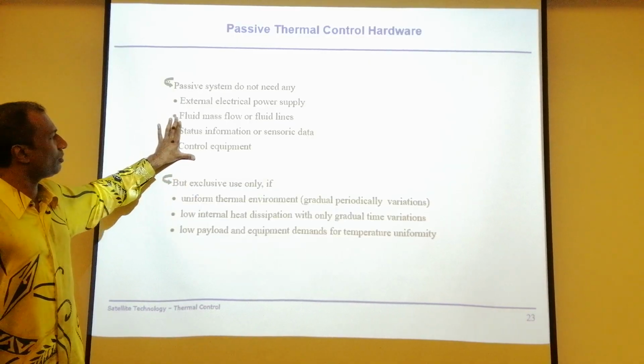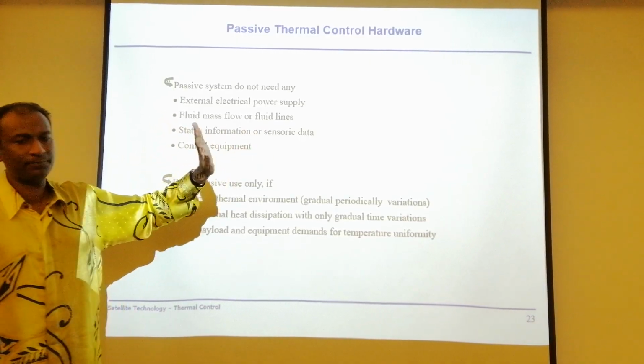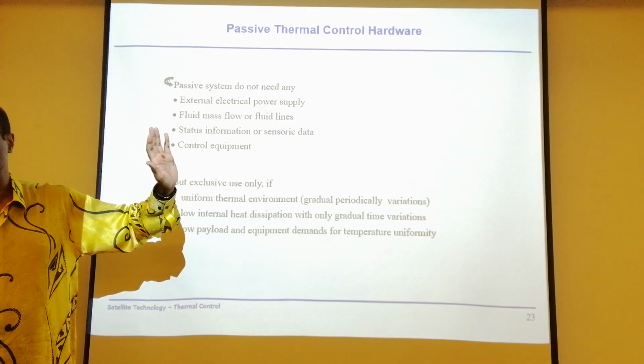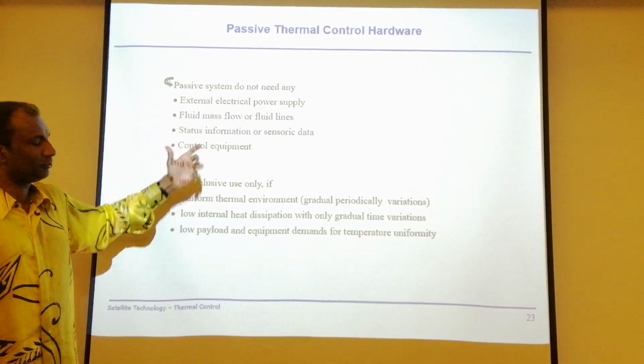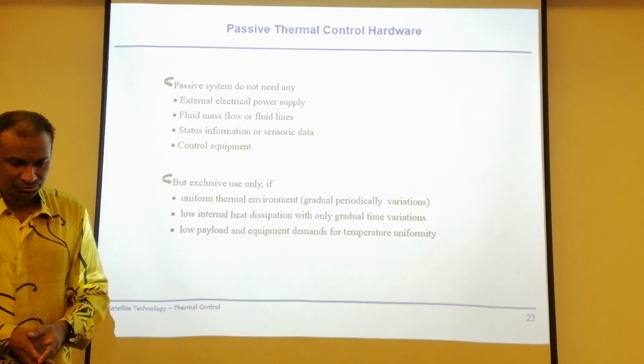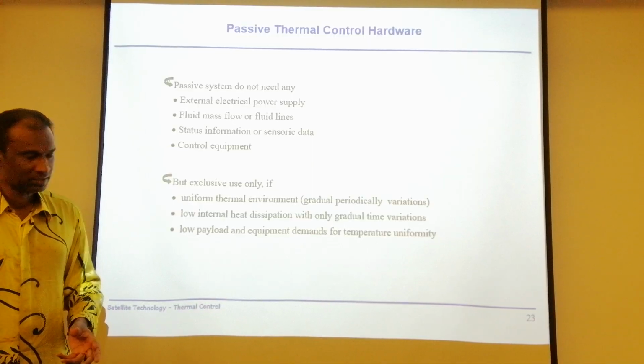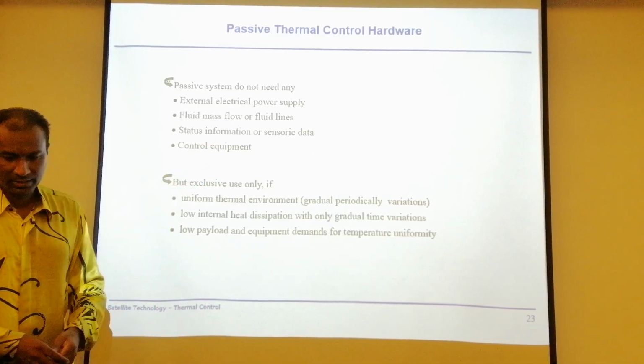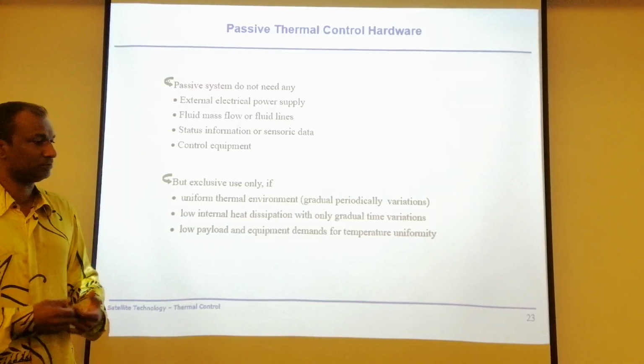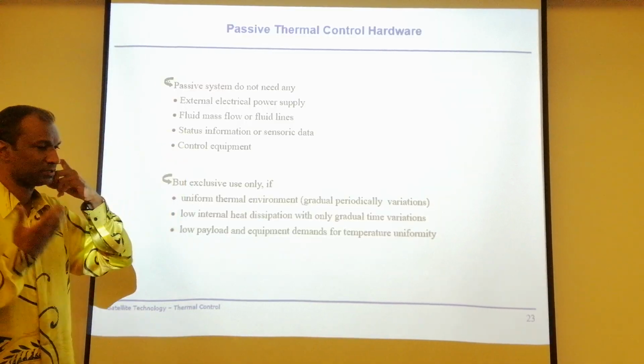So you don't need all this for a passive system. Can you imagine? I don't need to worry about the control system. I don't need electricity. I don't need any thermometers around to constantly monitor the temperature because it happens naturally.